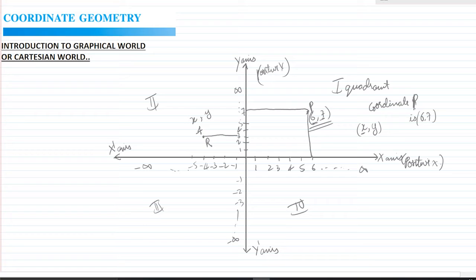You need not draw this line every time, just think. You'll always be provided with a graph, so just be accurate. It's 3. Same here, what's this? Minus 2 comma minus 2, right?